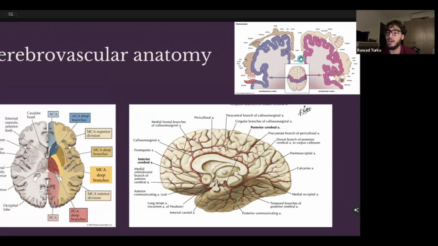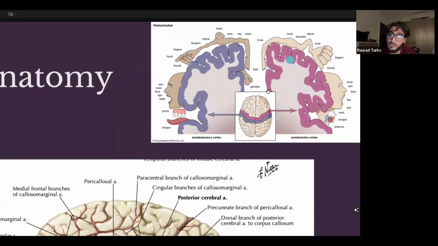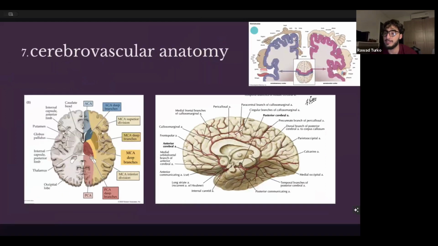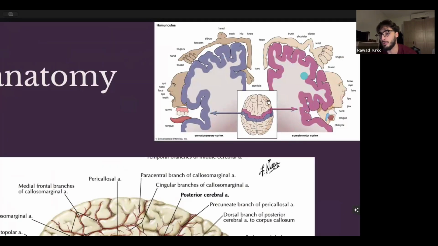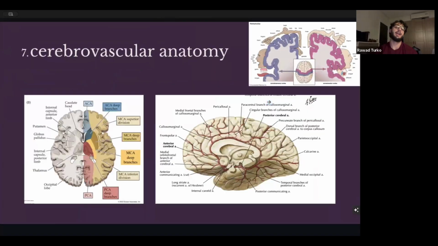Okay. And again, this is the homunculus that we talked about before. So you'll see the medial part is responsible for genitals, for example, knees, toes, so the lower limbs, whereas the lateral parts are responsible for the face and the upper limbs and the neck and the head. Okay. And this goes for both sensation and motor function. This is why in an ACA stroke, you would have loss of motor and sensory function in the lower limbs.